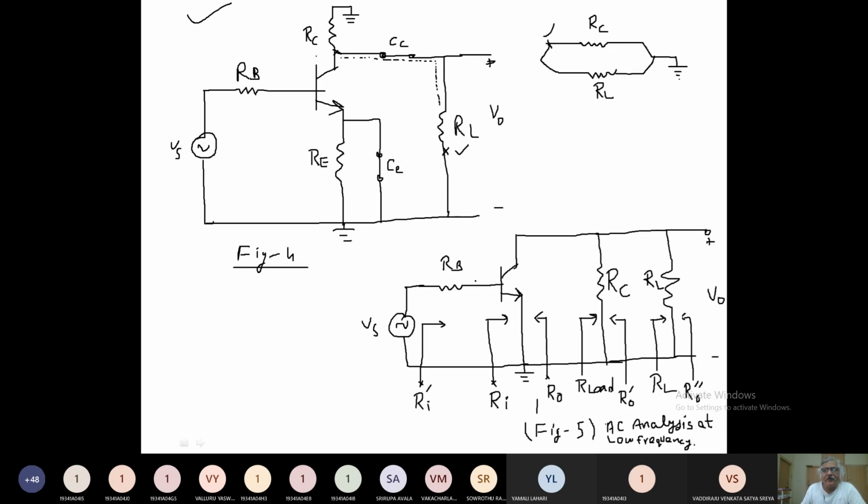Now, in this circuit diagram, if we talk about only this portion, then we draw one box for this portion and we call it a two-port network.